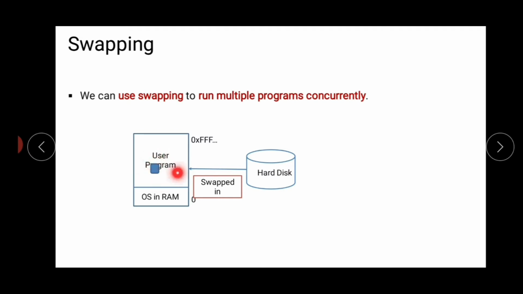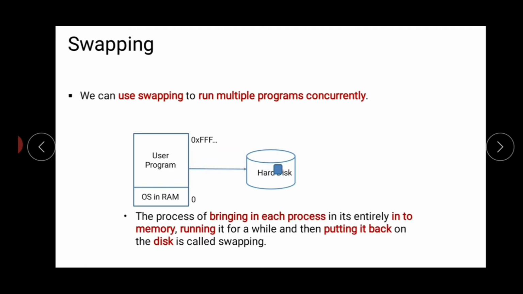When your program has finished its execution, the data will be written back to your hard disk, and that operation is known as swap out. So there are two operations in swapping: one is swap in and the second one is swap out.